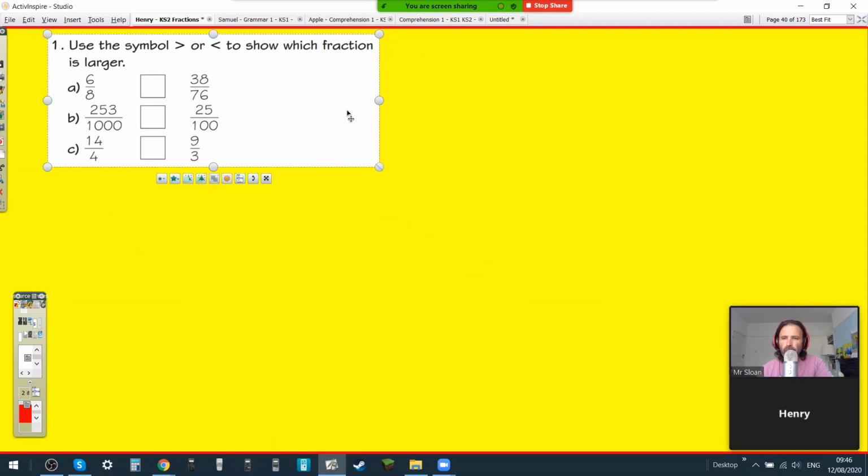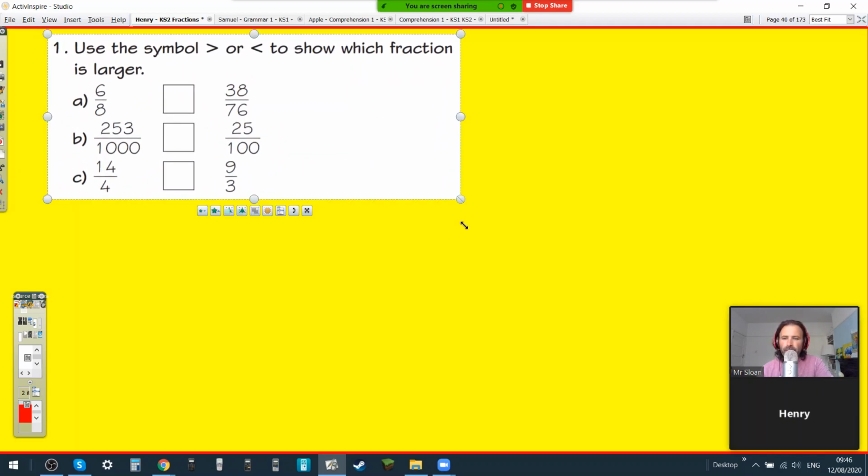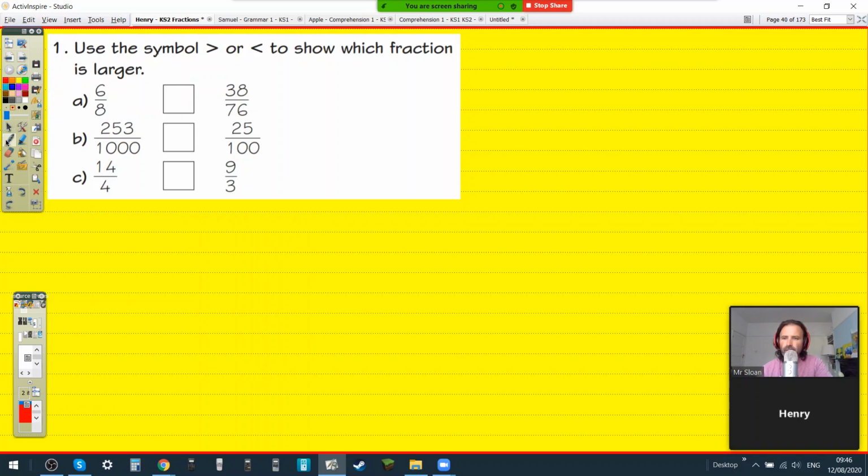So for question A, wait, are none of them equal? No. Okay, 6/8 is larger than 38/76.